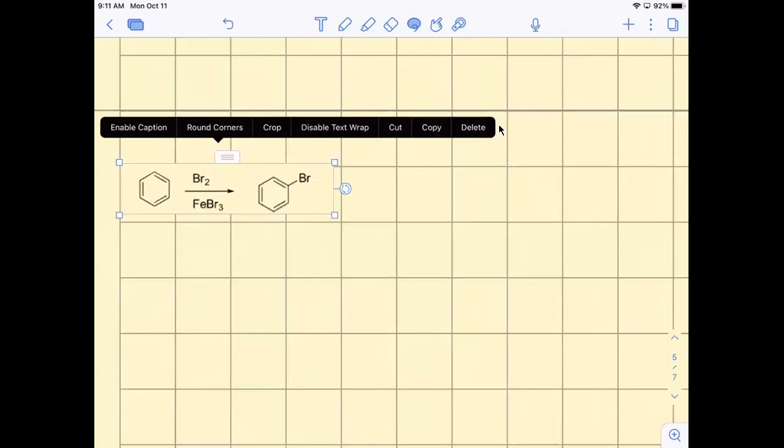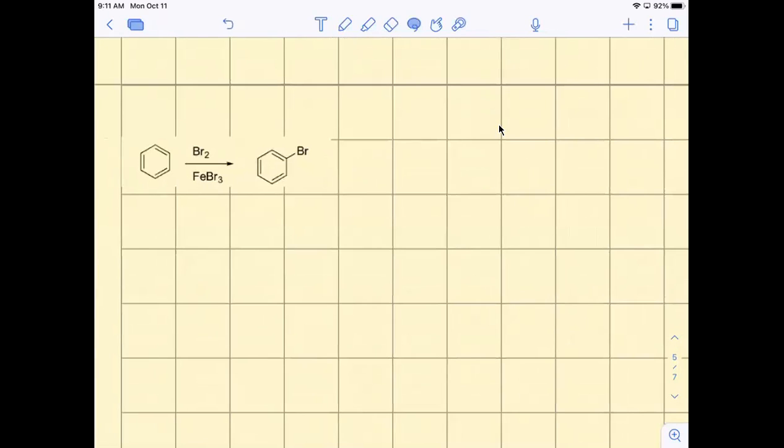So you can see in this reaction, you add Br2, bromine in the presence of iron(III) bromide, and you end up with a bromine on the ring. Notice the aromaticity is still intact, which is a hallmark of these reactions. You never lose that aromaticity.